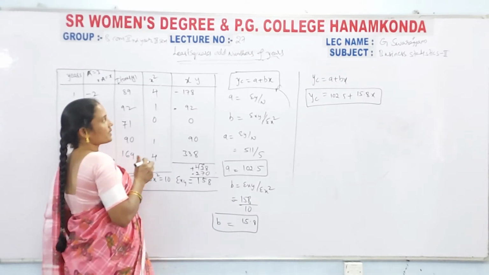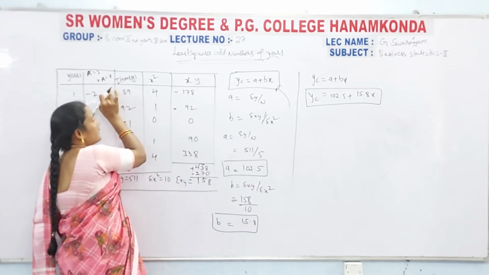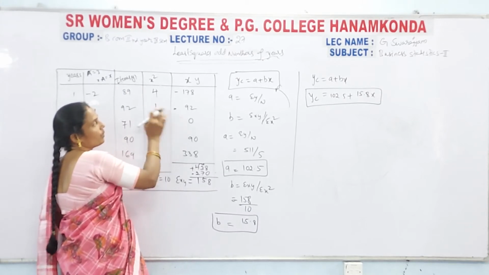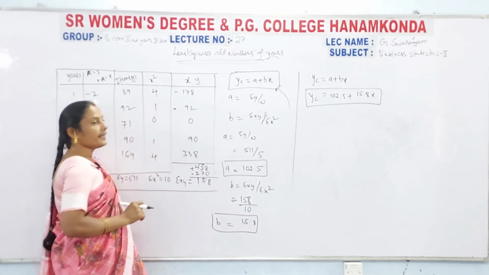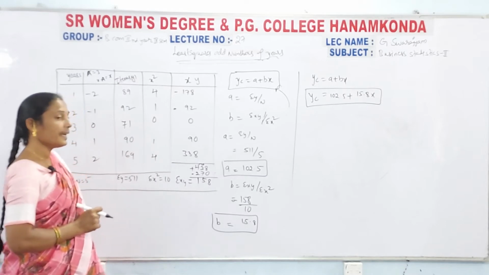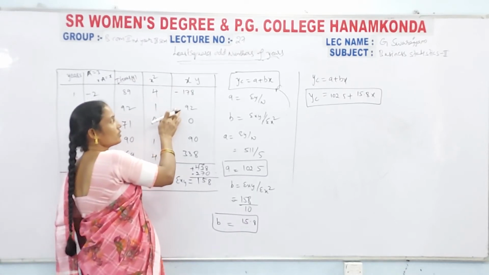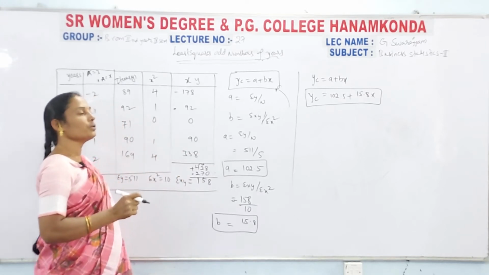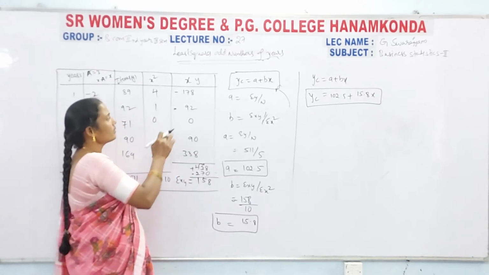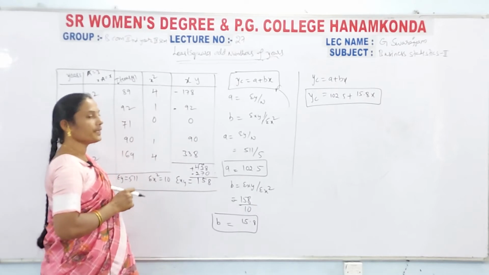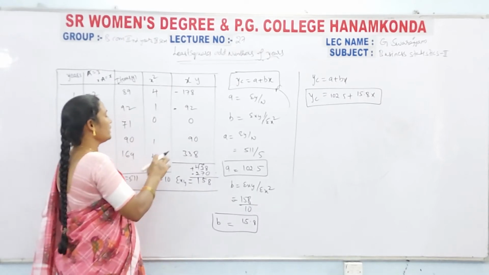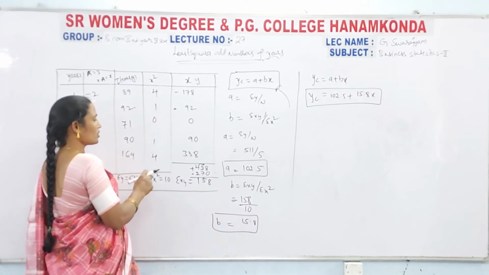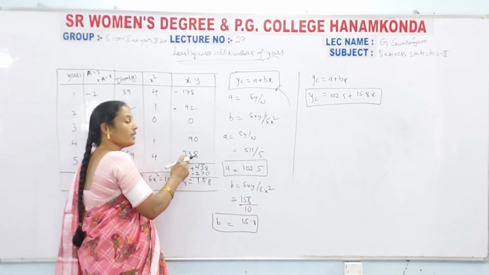Okay. Next xy. So the deviation of x into items y is equal to minus 2 into 89, 89 twos are 178, minus into plus is minus. So minus 1 into 92, 1 only 92, 0 into anything is 0, 1 into 90 is 90, plus into plus is plus. 2 into 169, 338.